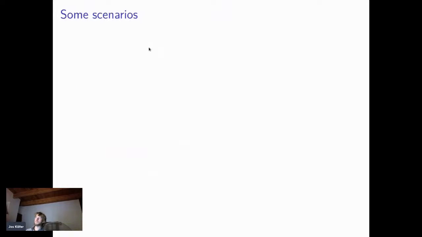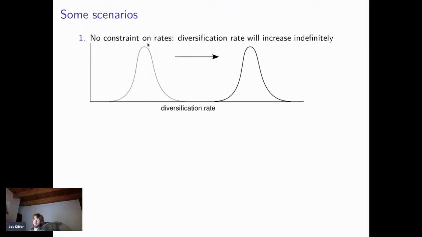If there's no constraint on diversification rate, that would mean that diversification rates will increase indefinitely. You start with an initial distribution of diversification rates, and after some time, only the lineages with the highest diversification rates will be left. So the diversification rate will shift toward higher and higher rates.